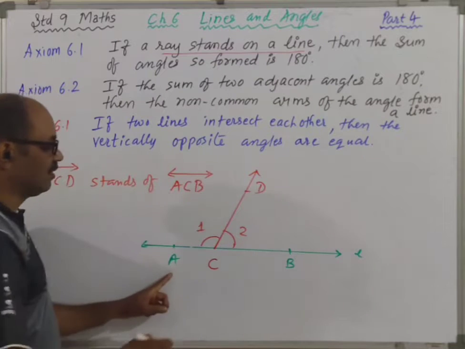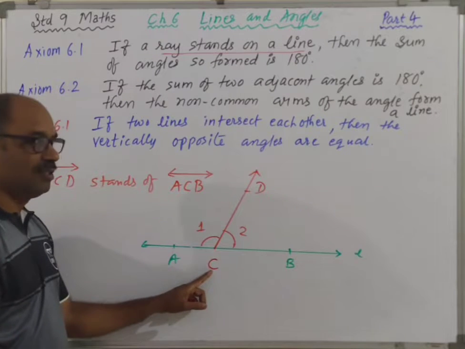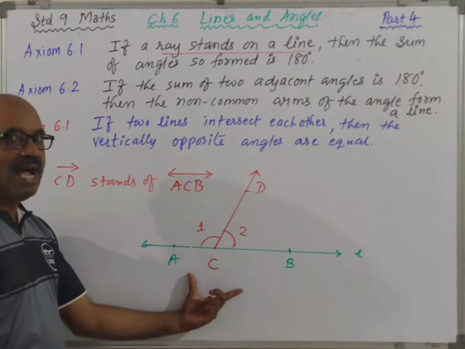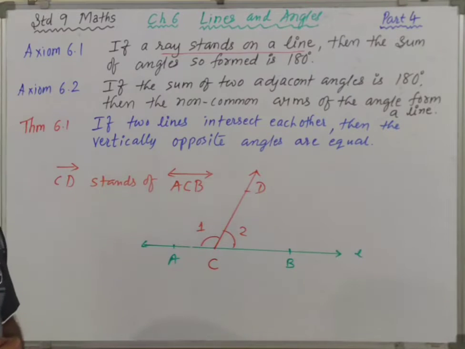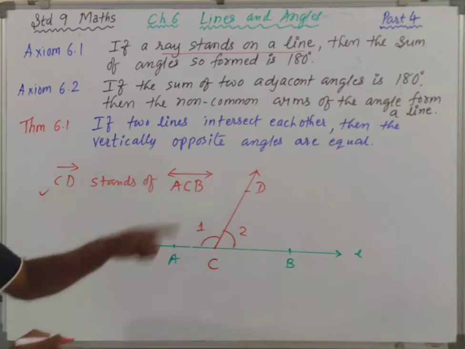We are using 3 letters ACB. That shows the ray stands from C on line AB. Is that clear to you?